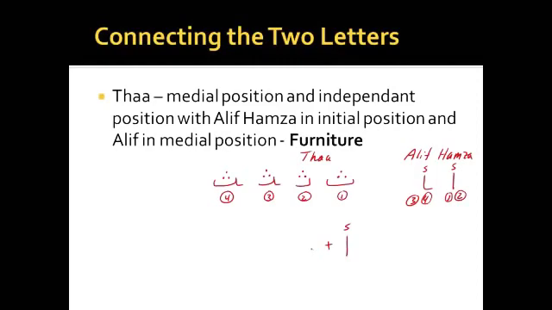You hear that tha in the second letter. So that's going to be a tha. But remember here, the alif hamza cannot connect to what comes after it. So we have to put a tha in the initial position. So it's going to look like that. Again, this one is this, and this one is that.